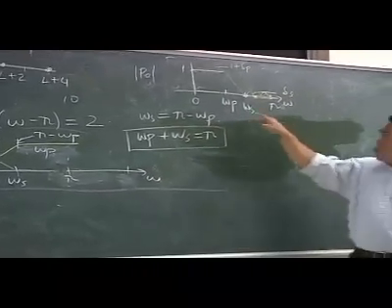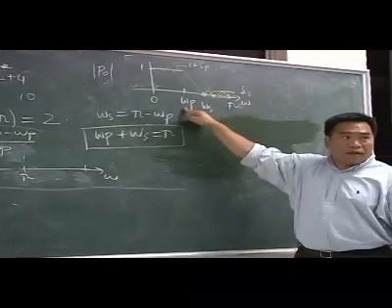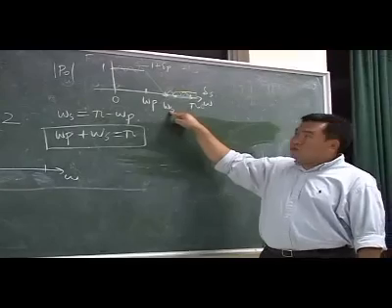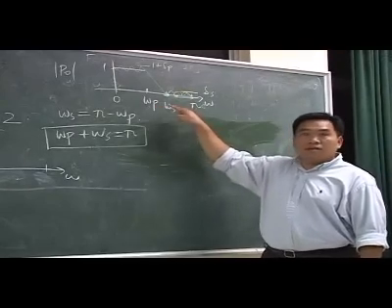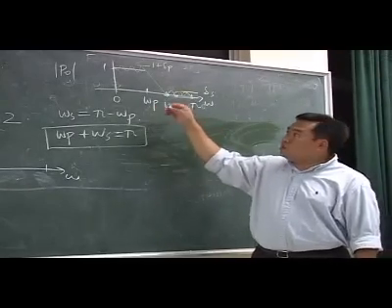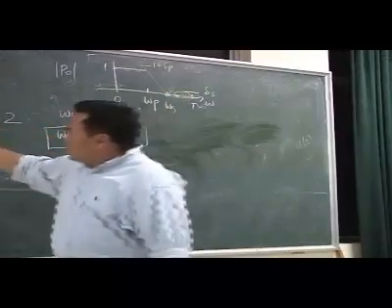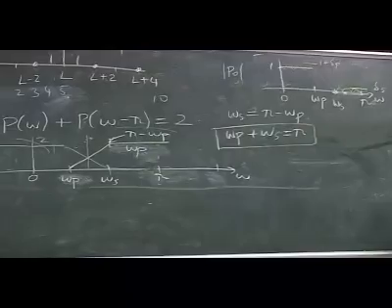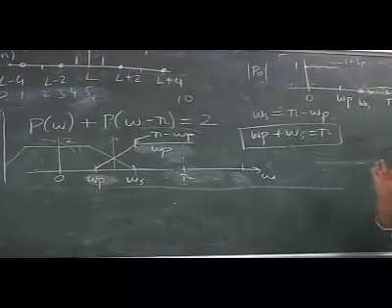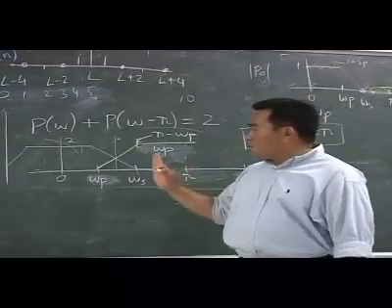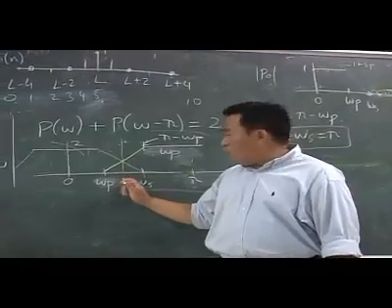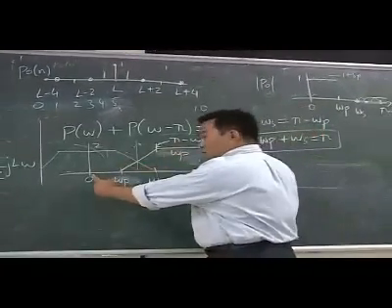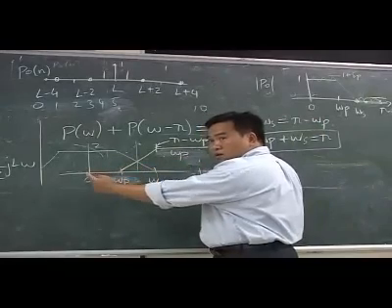So if 0.4 is the pass band cutoff, and 0.6 is the stop band edge, or this is 0.3, 0.7, and so on and so forth, they have to be symmetric around pi over 2. And this is why you call it half band, because the symmetric point is at pi over 2. So half of the bandwidth. 0 to pi is your bandwidth, maximum frequency.